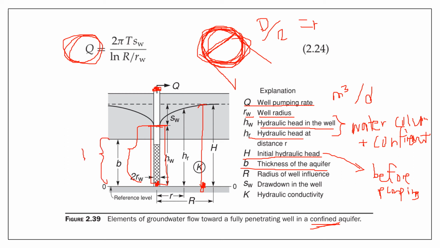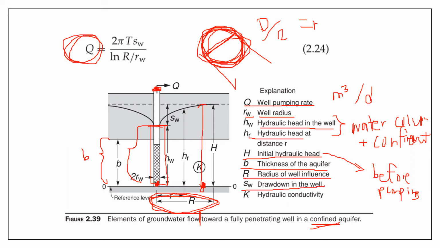That's your B. You also have the radius of well influence, or big R. There are various ways to approximate the radius of well influence, but this one mostly depends on the parameters of your well, which will be discussed in the exercise. And then S sub W, which is the drawdown in the well.